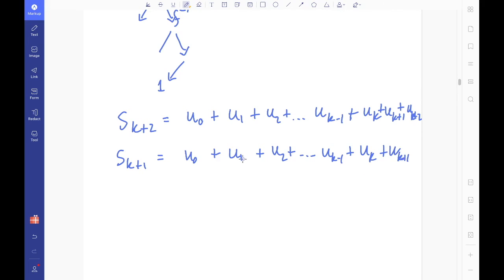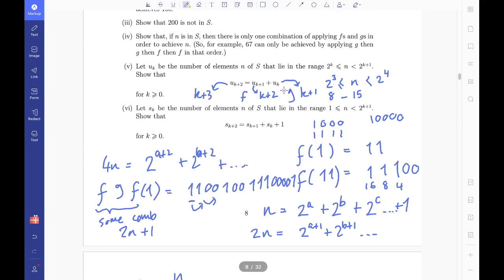Okay, so just looking at the ranges, you can see that if you add all of the ranges of u0 up to uk, you get sk, because the bound on the top is the same, and if you think about u0, that is starting from 1, because 2 to the 0 is 1.